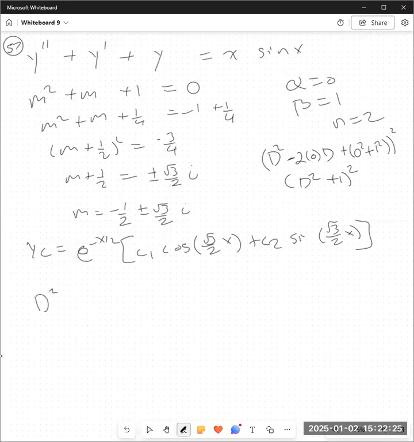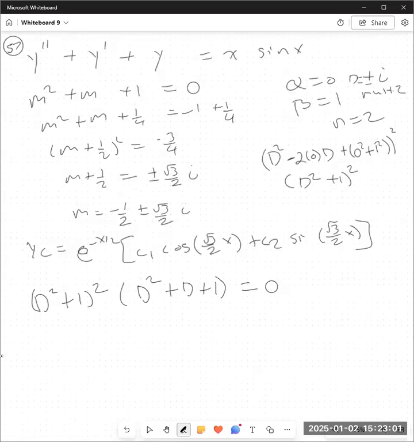So this is d squared plus 1 squared times, and this was d squared plus d plus 1 equals 0. And so I know that the alpha plus beta i here, this is d equals plus or minus i, multiplicity 2.